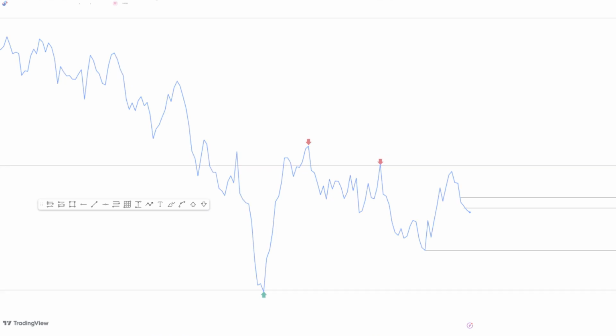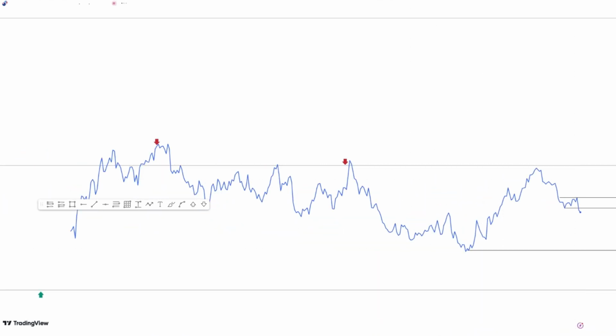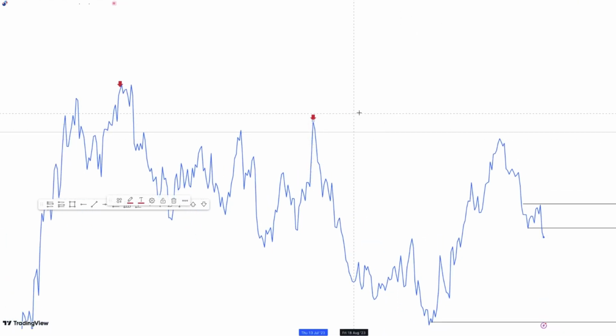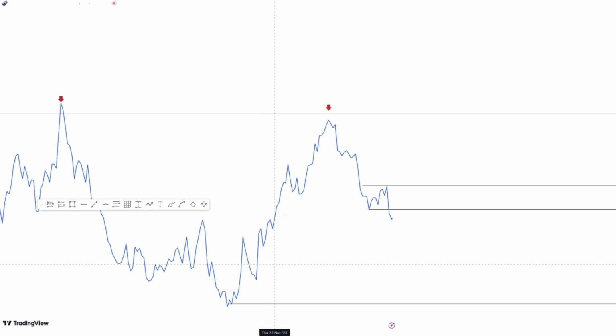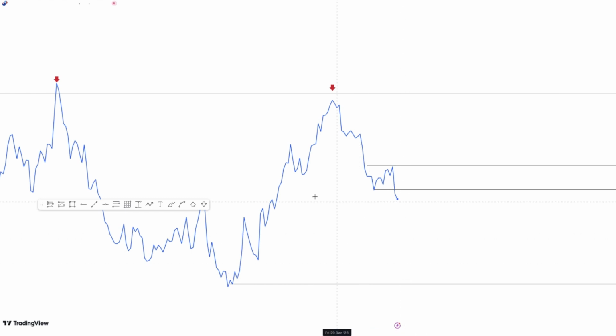But if you switch it up to the 1 day, you'll notice that we have this here, which the price is still respecting by creating this high here. So right now I can see price is almost heading toward these areas, these levels. Why?